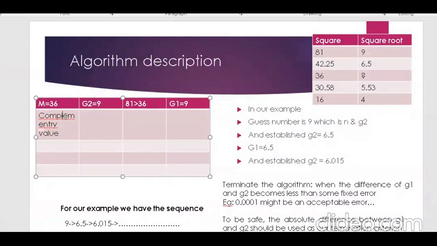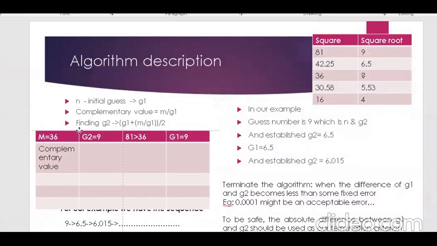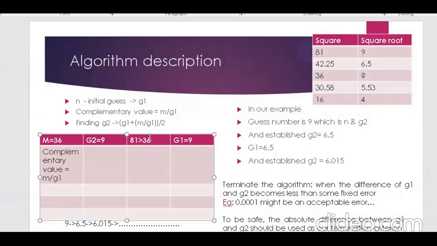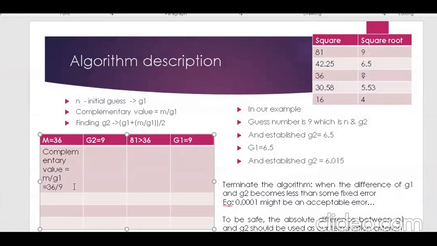The equation for complementary value is M divided by G1. What is our G1 now? 9. What is our M? 36. So this is equal to 36 divided by 9. That gave you 4. And when you squared 4, you got 16, which is less than 36.